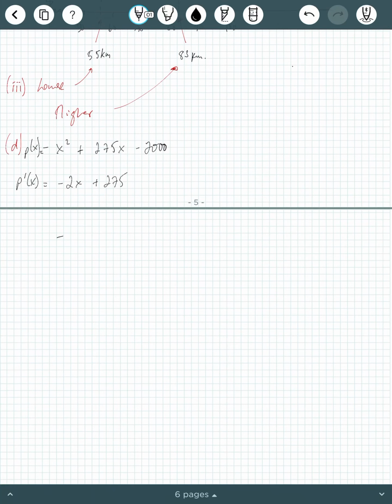We'll let minus 2x plus 275 equal 105. Bring that 275 over, it becomes a minus. You get minus 2x is equal to minus 170. Sorry, it's 170, my apologies. Divide both sides by minus 2. You get x is equal to a positive 85. So there's that answer, lads. 85 kilometres need to be sold for the profit to be increasing at 105 per kilometre.